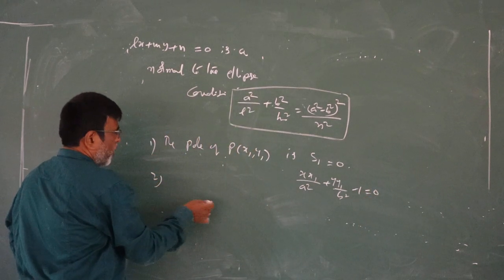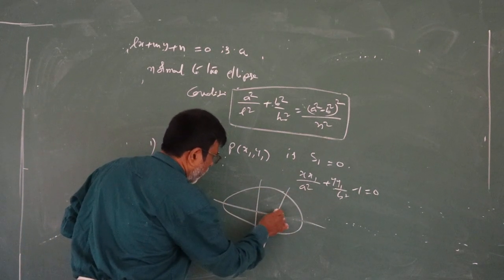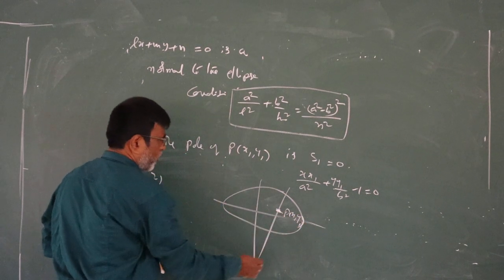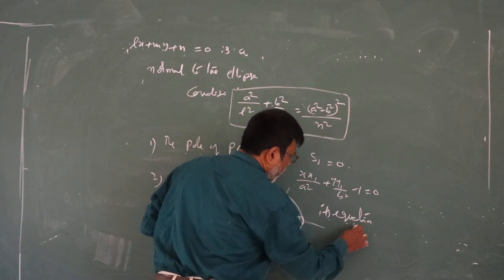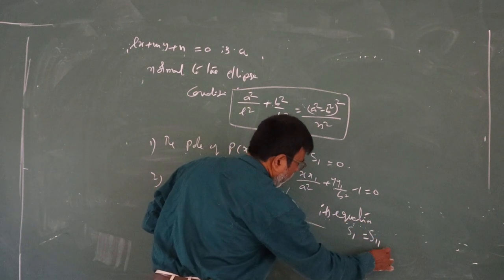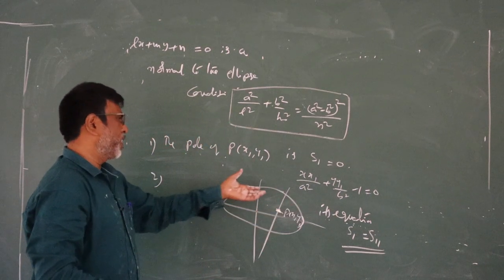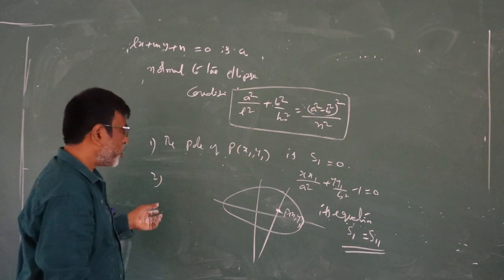Now the midpoint of a chord: given this ellipse, the chord midpoint is given, P(x1, y1) is the midpoint. Its equation is S1 equal to S11. S1 we know, S11 we know.